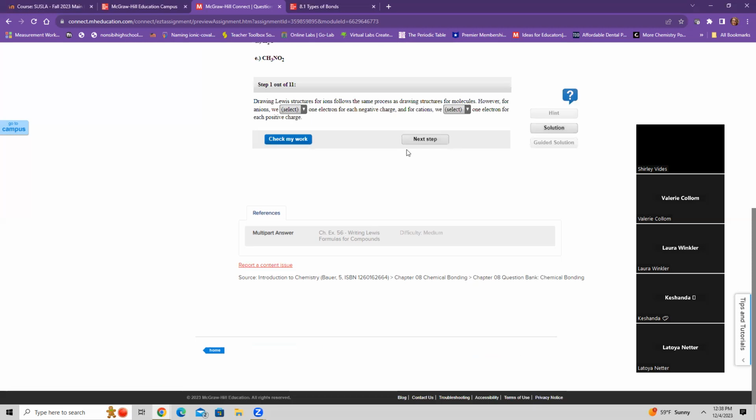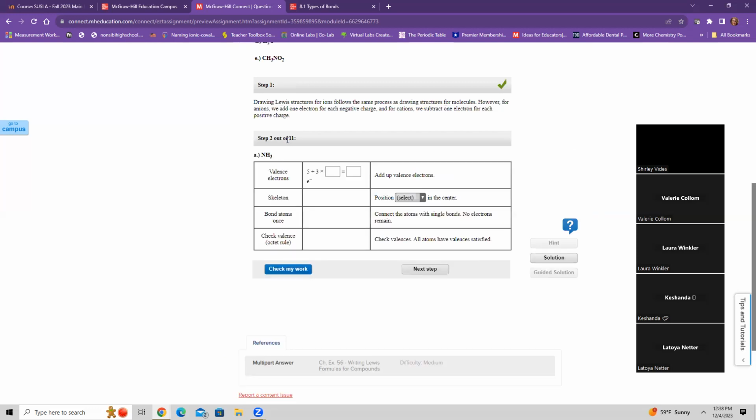All right, so look. Let's see what it does. Draw the Lewis structures. We select, we subtract or add, sorry. For each negative, we add. Okay, there we go. All right, that's correct. I didn't see that one. Did you see this one?